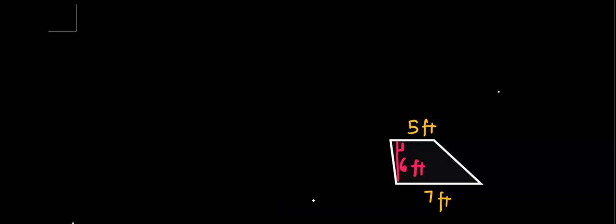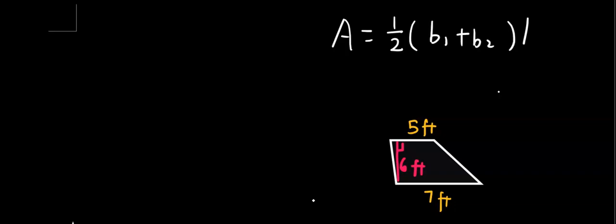Question 3 is a trapezoid. Trapezoid area is 1/2 times base 1 plus base 2, times height. We have base 1 is 5, base 2 is 7. So we add them and times 1/2, or you can say I'm going to divide it by 2.